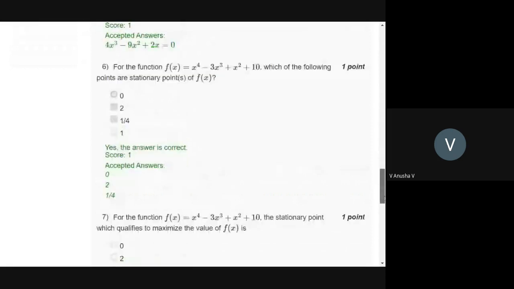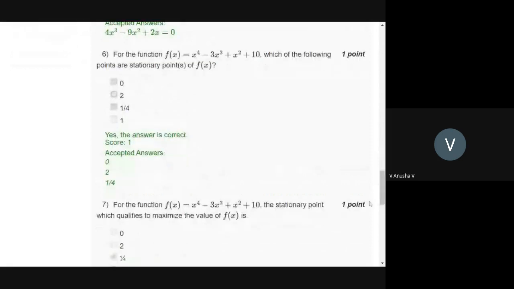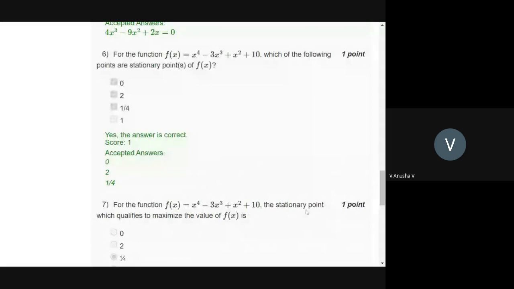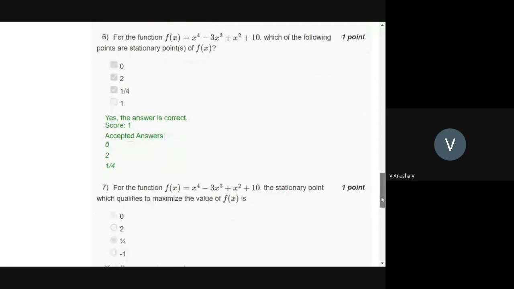So for the function, which stationary point qualifies to maximize the value of f of x? How can we calculate that? I already told you the necessary condition to check which stationary point maximizes the value of f of x: you need to calculate the second derivative of f of x, and the second derivative should be less than 0 when you substitute the stationary point.